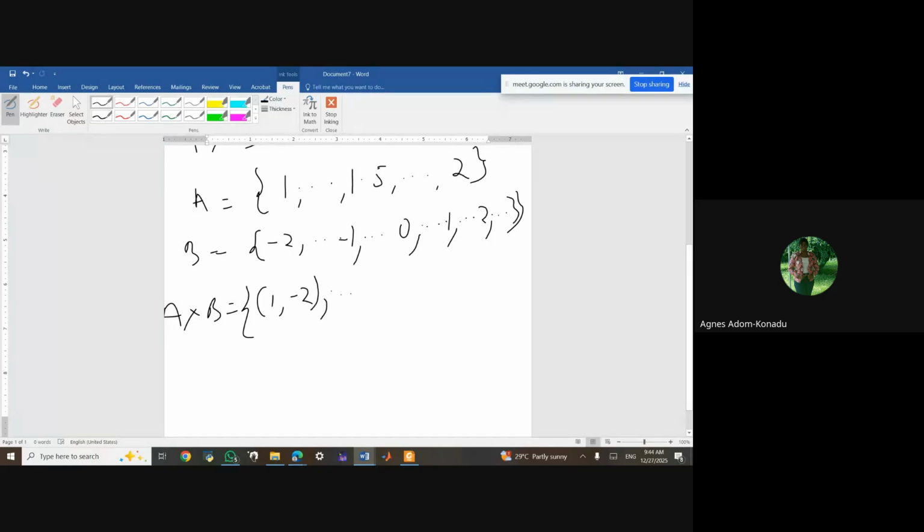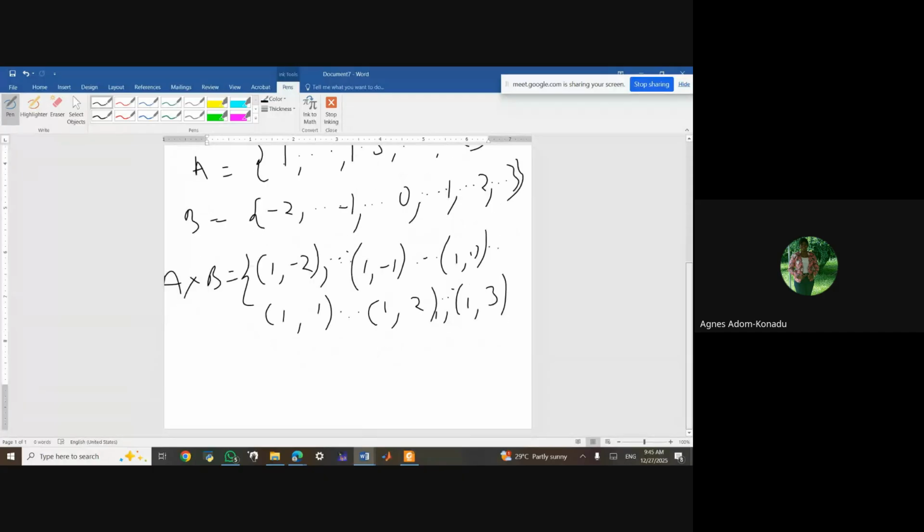Then I can have 1 and -1, then some points before 1 and 0, other points before 1 and +1, then 1 and 2, and then some points, 1 and 3. That is for 1.